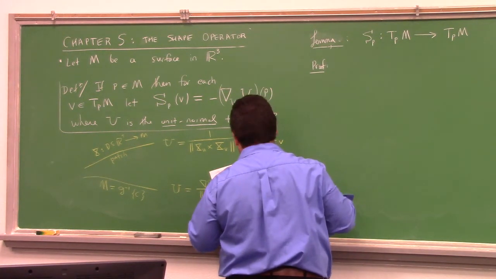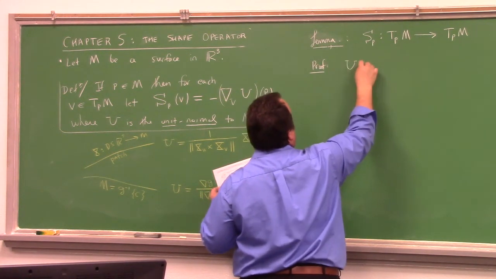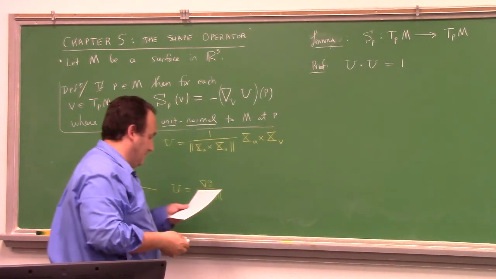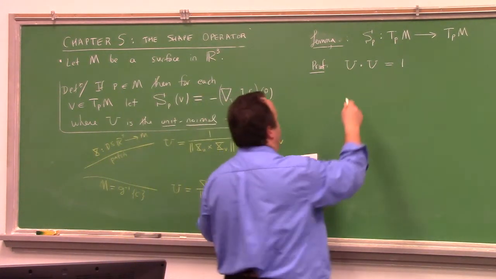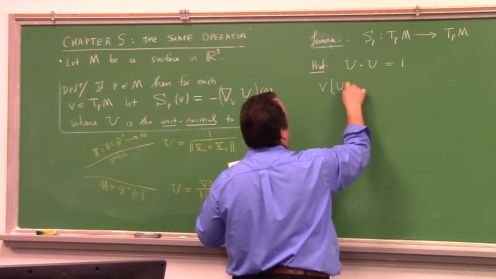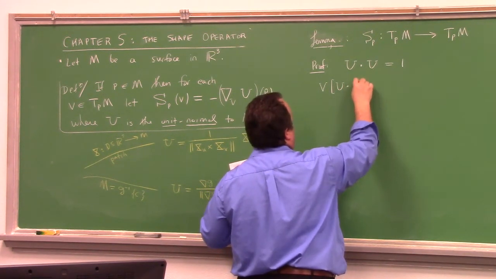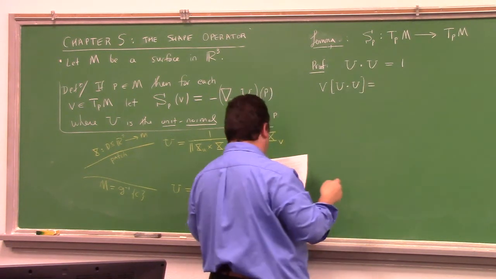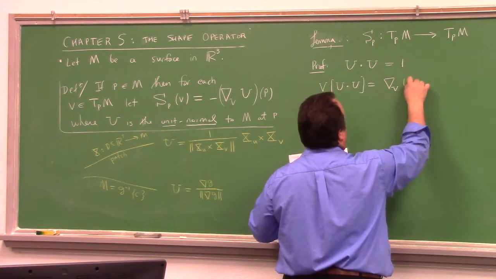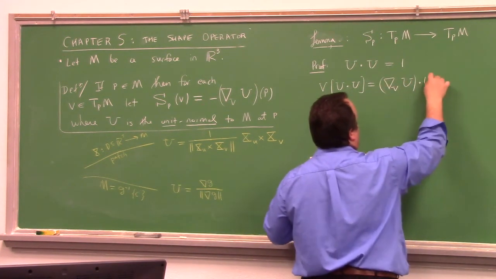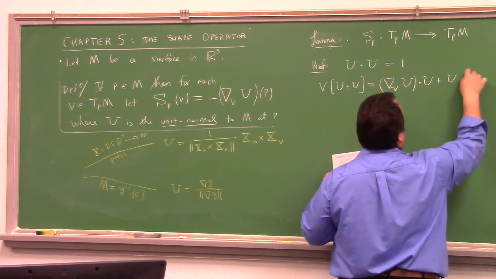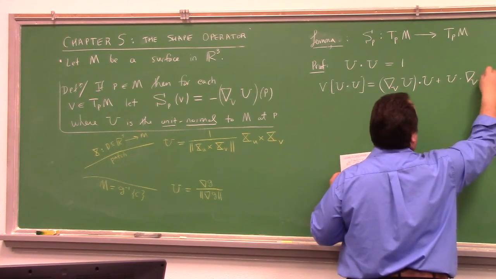And so here's the proof. Of course we have u dot u is what? It's 1, right? It's the unit normal. And remember this identity, the covariant derivative in the v direction of u dot u? This was like item 6 in the properties of the covariant derivative, remember? So we do the covariant derivative in the v direction of u, dotted with u, plus u dotted with the covariant derivative in the v direction of u again.